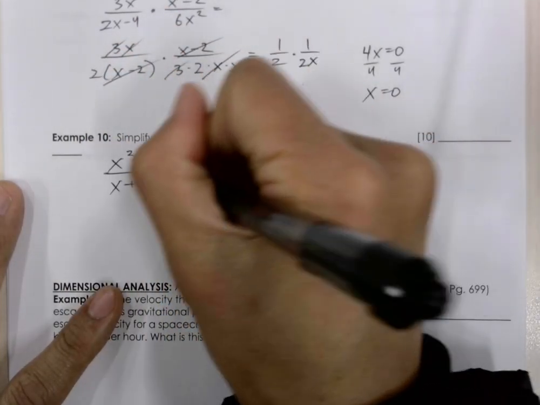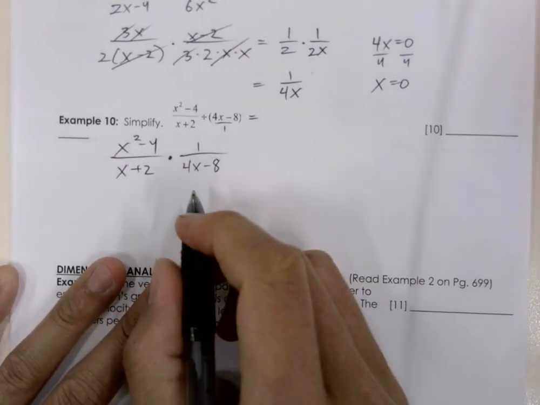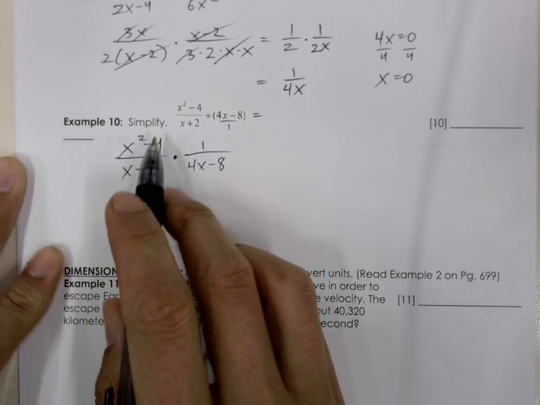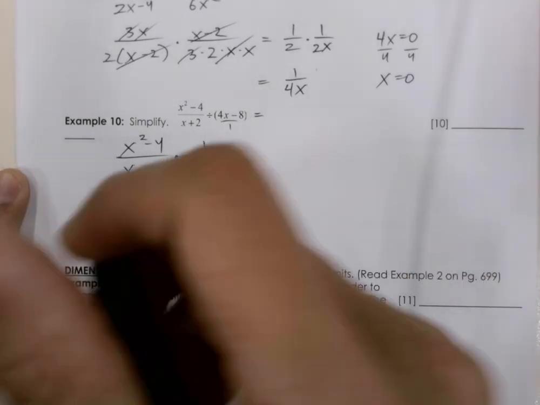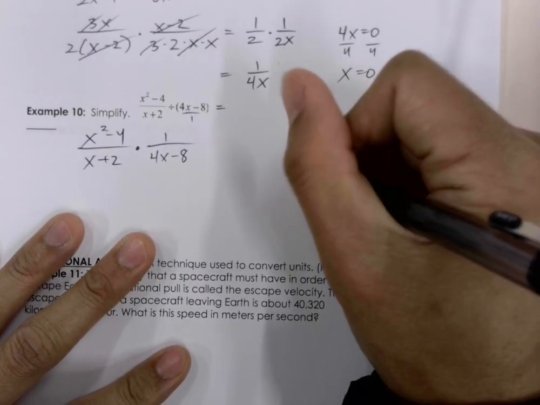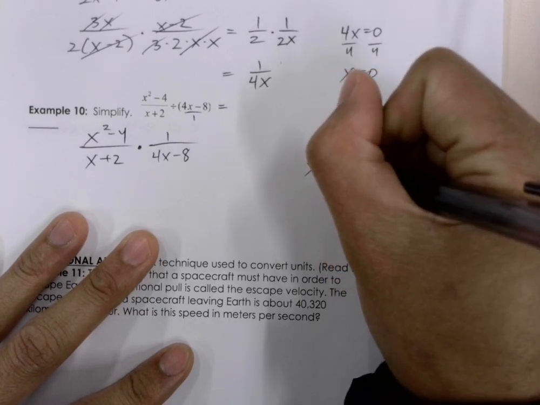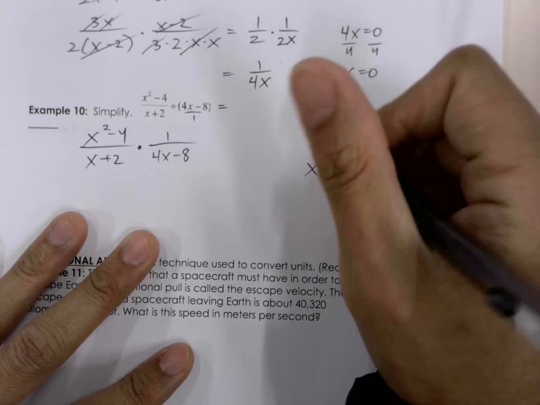So we'll say 1 over 4x minus 8. Right? And then down here, we can factor this numerator, actually. We have x squared minus 4. So let me go and do it over here. So x squared minus 4 is going to be equal to x minus 2 and x plus 2.